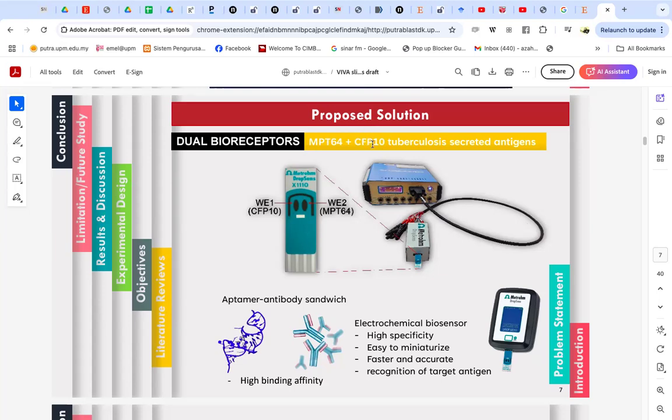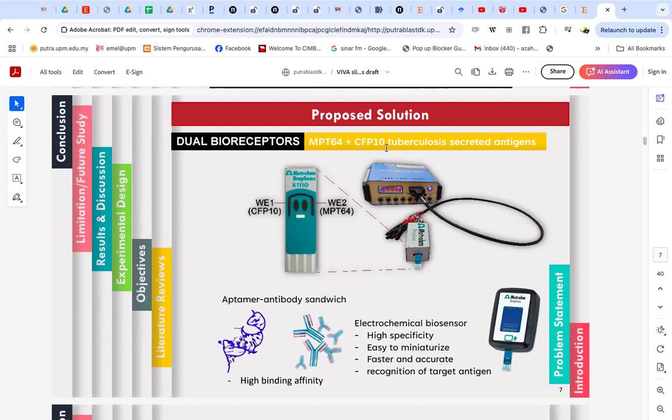These two proteins are secreted by the bacteria Mycobacterium tuberculosis, the bacteria that cause TB infection. And it is from the literature that these MPT64 and CFP10 proteins are secreted whether it is infecting the lung or other parts of the body.